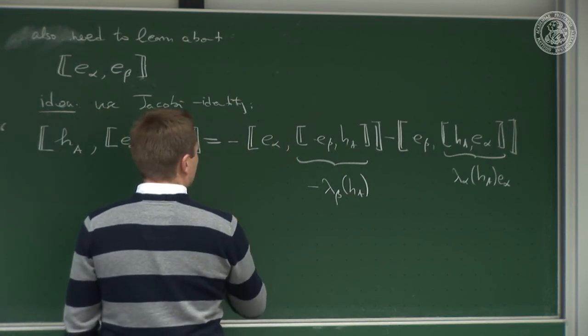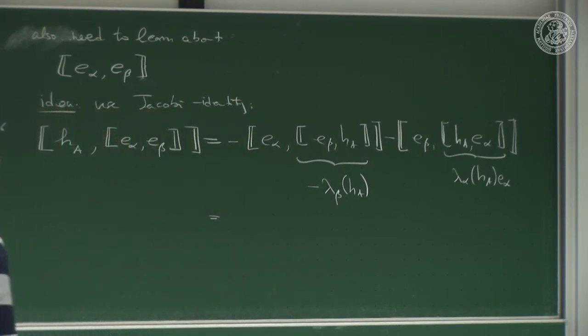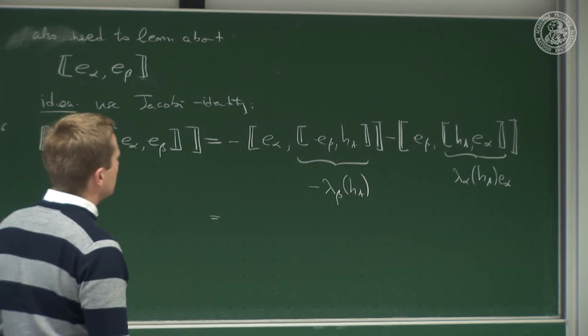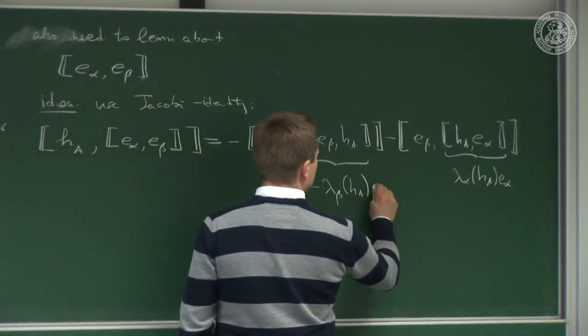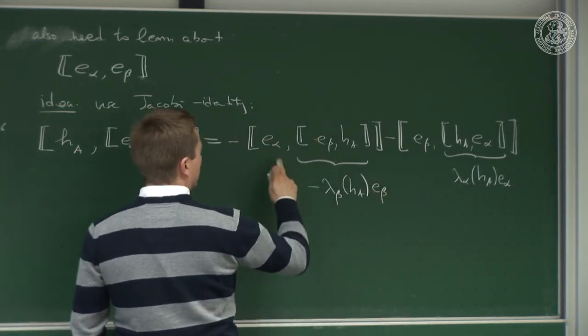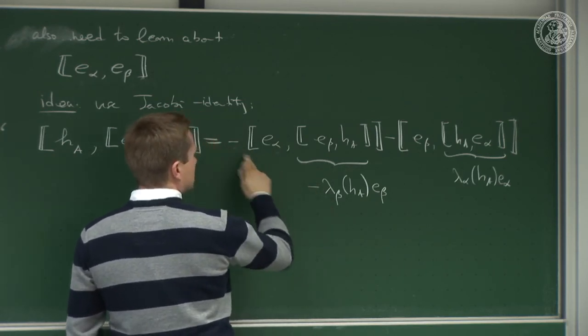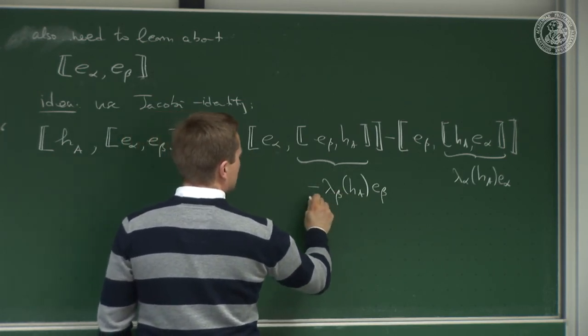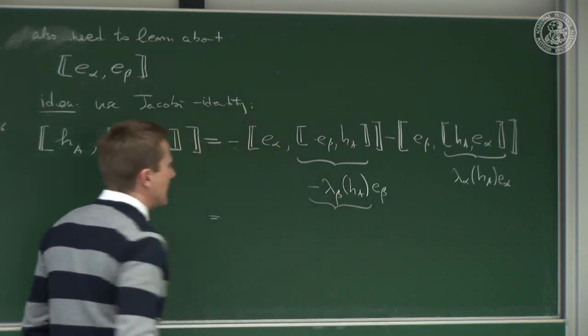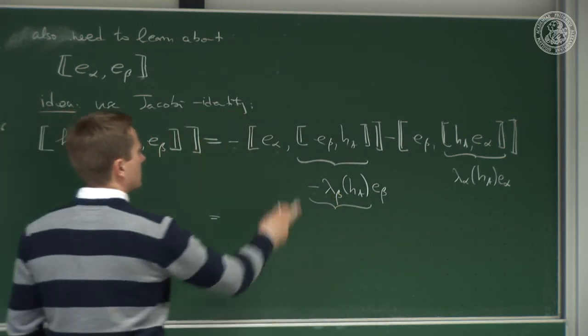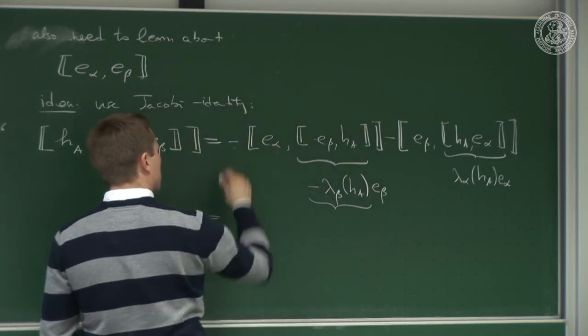And so therefore, what you learn here is, times E_beta, of course. So you have this alpha beta, there's a minus here, there's a minus there. This is just a number once it's evaluated. The bracket is bilinear, so you can pull it out.